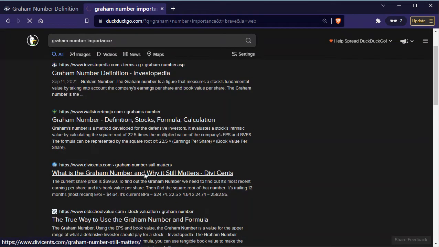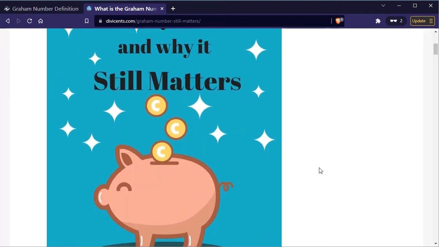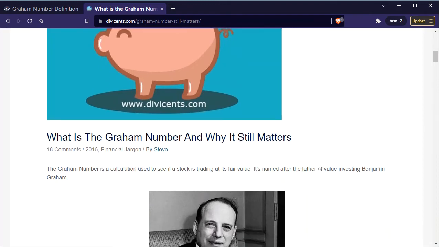So for buying a stock, we should know the value of the stock and things like that. The Benjamin Graham's number is important as it will give us the Graham's number, which is also so-called the fair value, or the value of the stock of any company that you do the analysis on.